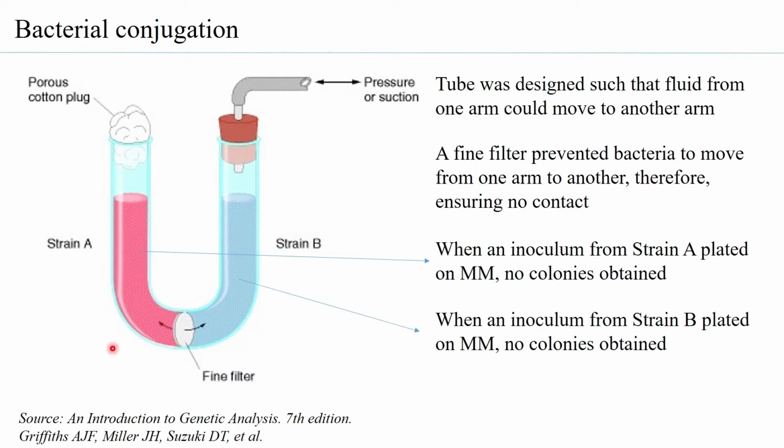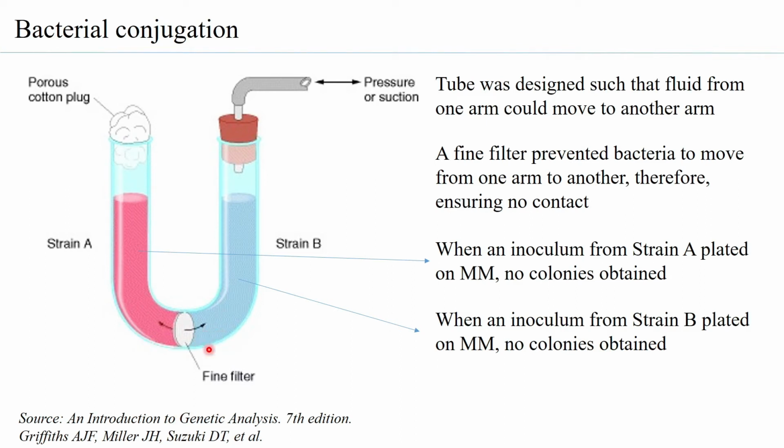This is an indication that no bacteria from strain A went to the arm which has strain B, or vice versa, where strain B has not moved to the arm which contains strain A. The basic point, therefore, is that there is no physical contact between strain A bacteria and strain B bacteria in this case.